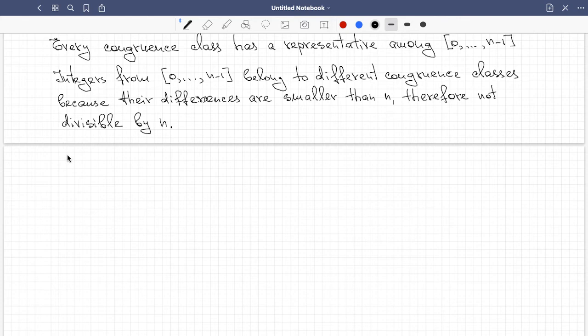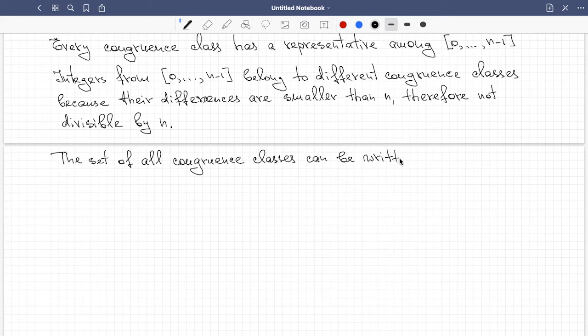Thus, we conclude that the set of congruence classes can be written as: the class whose representative is 0, 1, so further 2, and up to n minus 1.